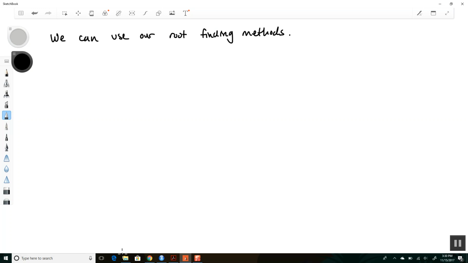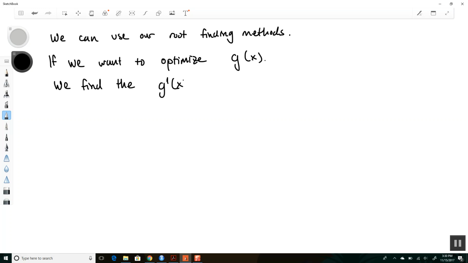Okay. So if we want to optimize some function g of x, we find the derivative of g of x, g prime of x, equal to f of x, and then use a root finding method on f of x.